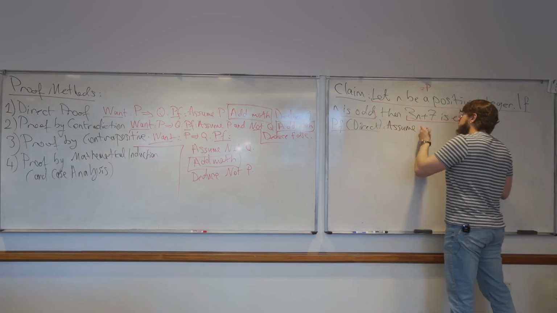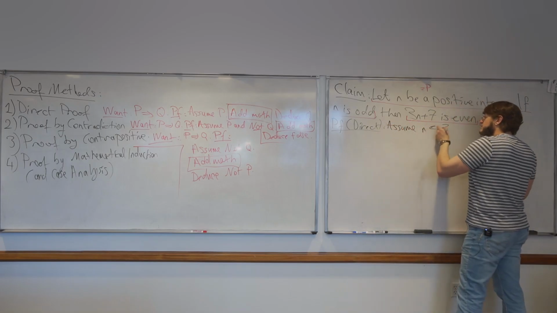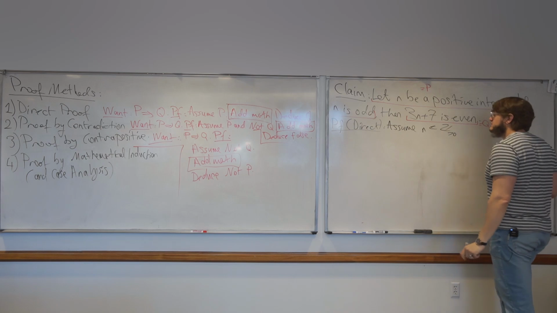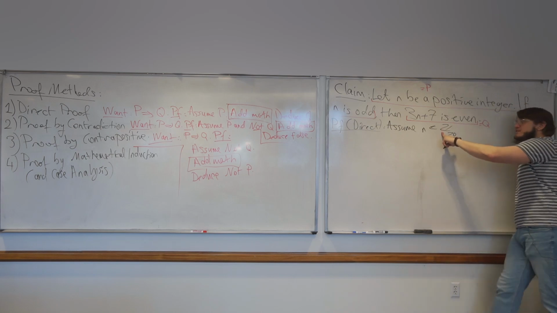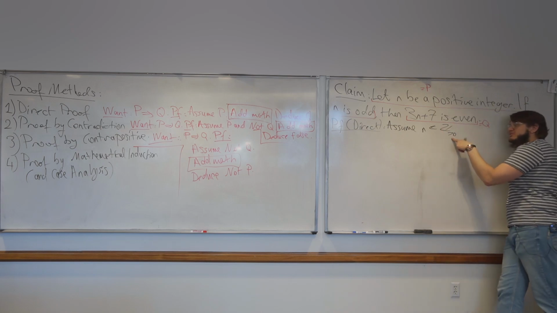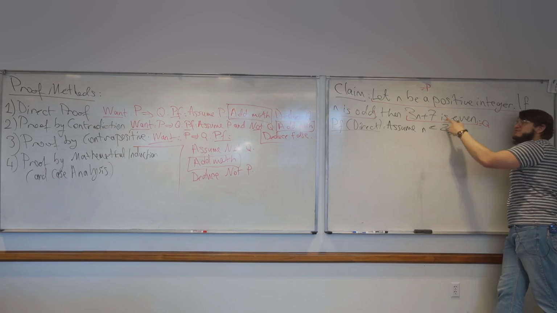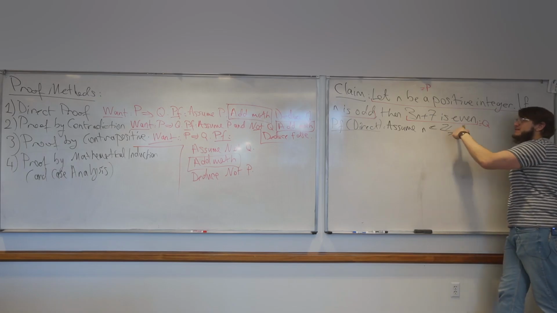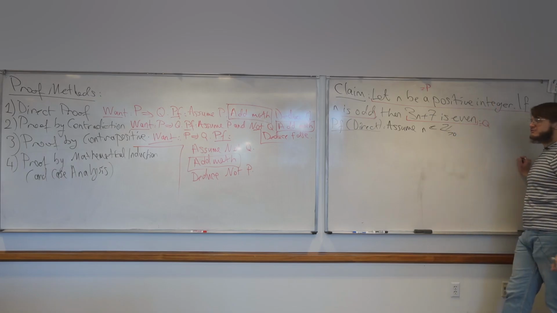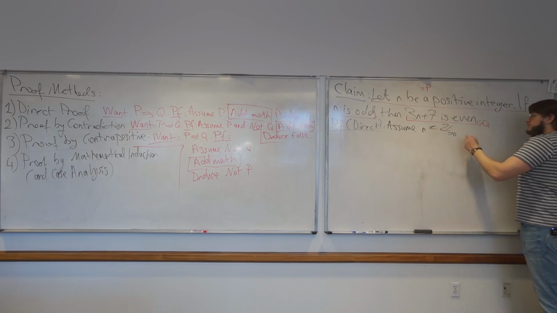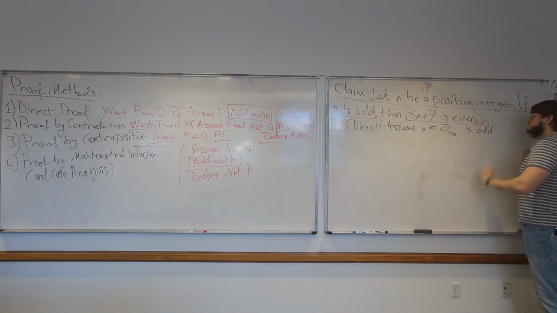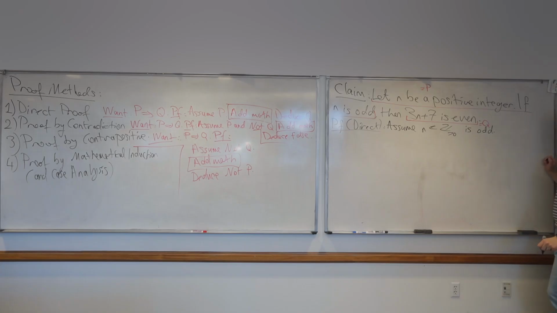Assume n is a positive integer, right? So this is the set of integers. And when I put a subscript greater than 0, that means these are the positive integers. N in this is just a faster way of writing the same thing. Assume n is odd. Then I need to open up.